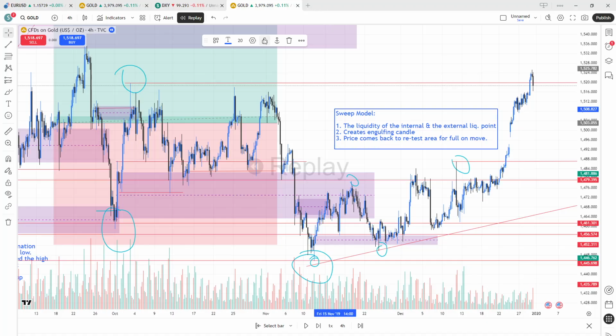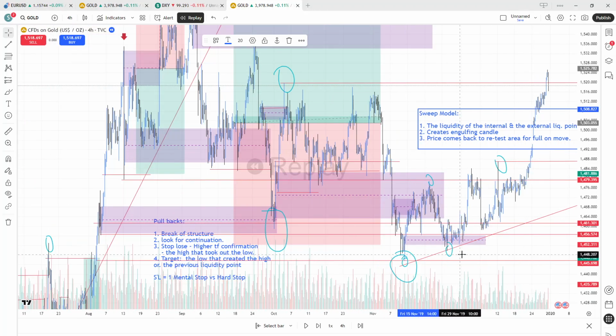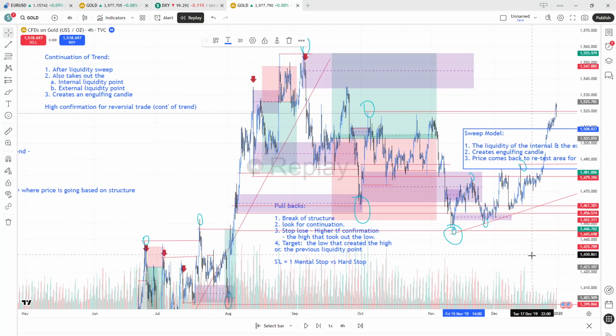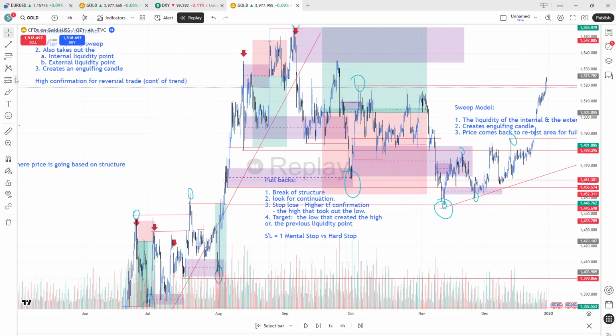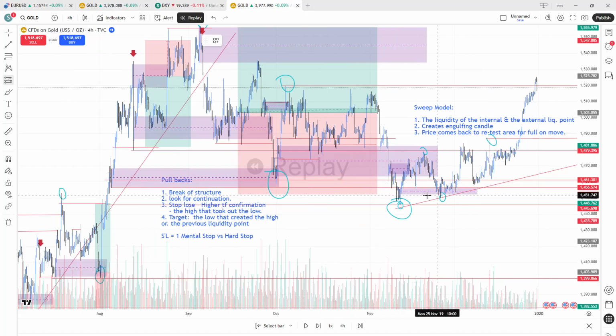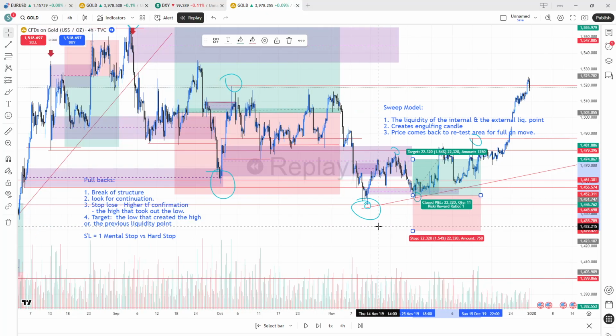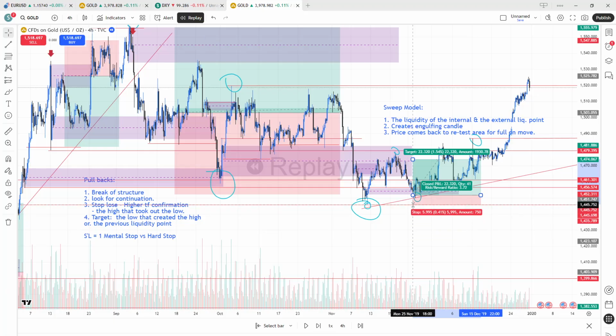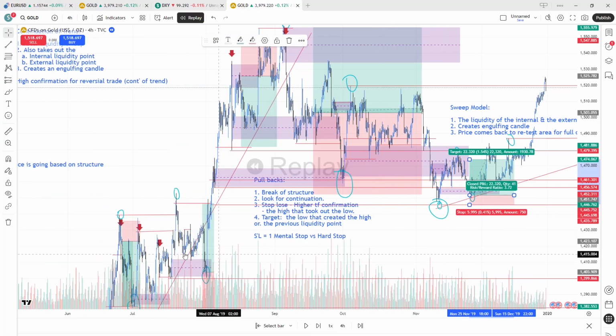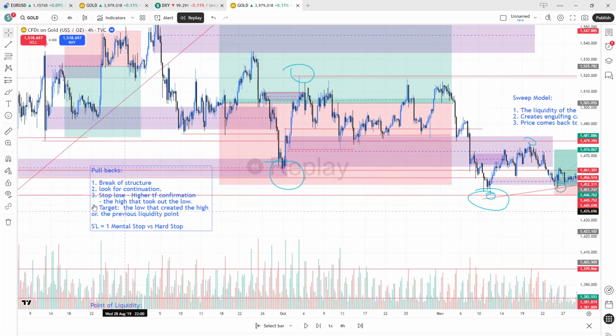Okay, so if we are to see this, where would our stop loss be, guys? After we have this sweep, price came back to this. The sweep is right here.